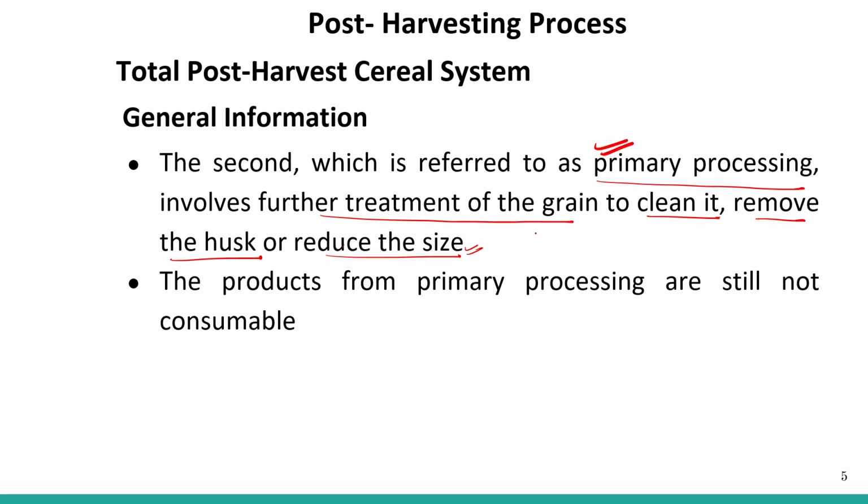It involves further treatment of the grain to clean it and remove all the unwanted material, remove the husk and reduce the size. The products of the primary processing are still not at a consumable stage.